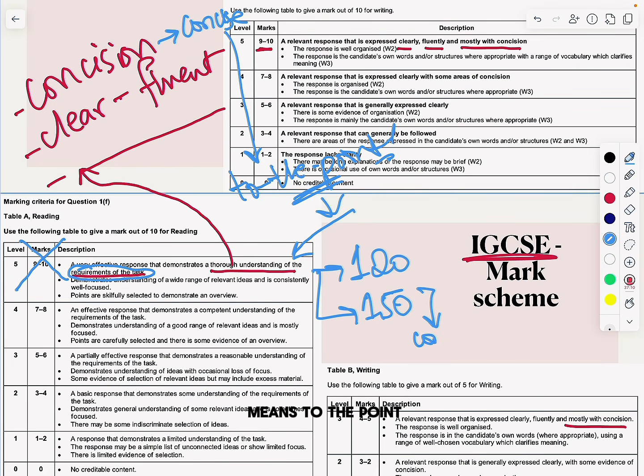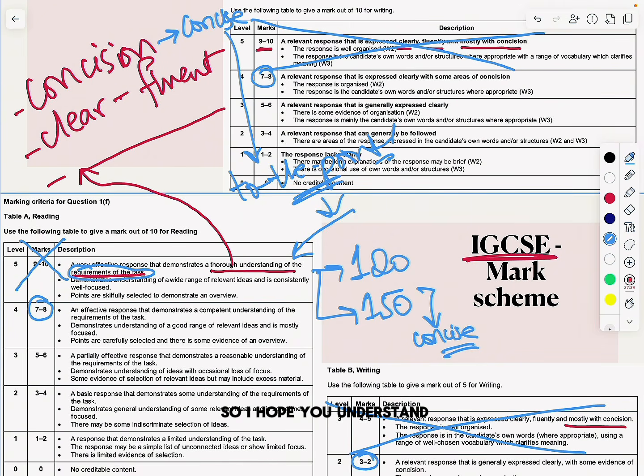Concise means to the point. Am I being to the point? No. Chances are that I'm either being repetitive, or I'm prolonging sentences for absolutely no reason, or I'm avoiding being relevant and I'm adding extra details. So am I concise anymore? No. So I'm not in level 3 or level 5 again, which means that the max marks that I'm now going to end up with are either 7 or 8, or 3 and 2.